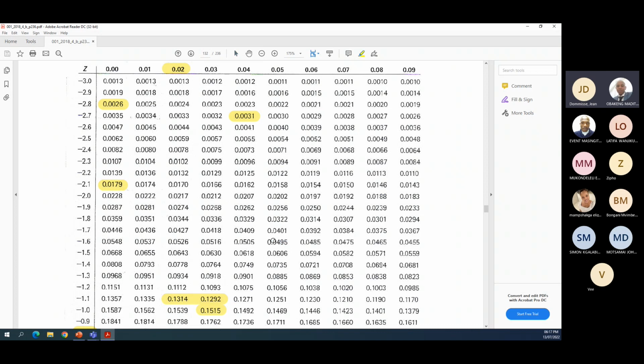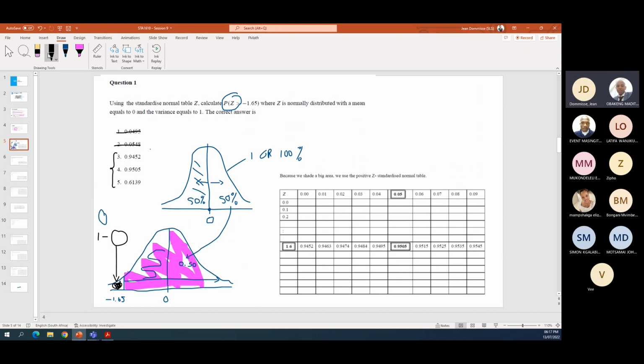If one then says 1 minus 0,0495, we'll get the answer, and that answer would be 0,9505, which is option 4.